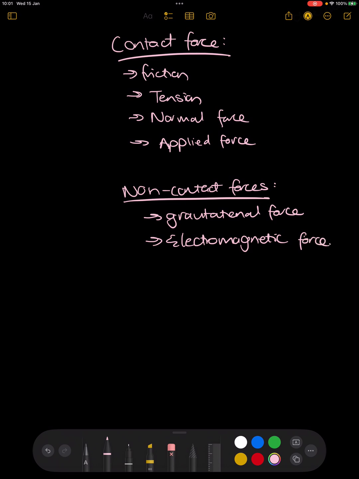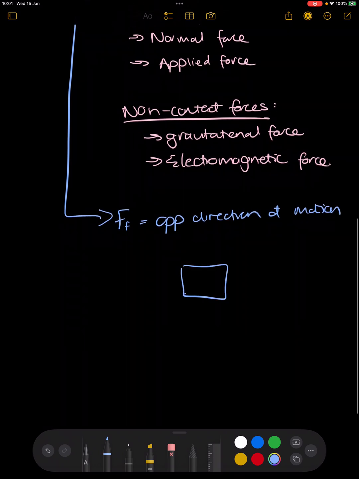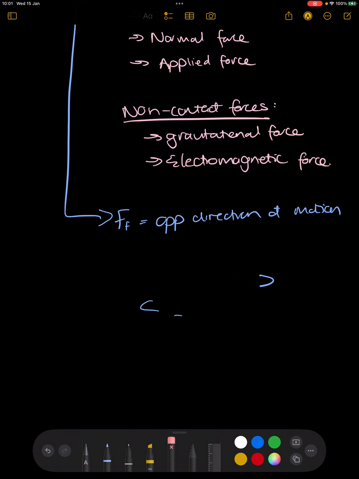Before we delve a little bit deeper, I just want to talk to you quickly about friction. What's important about friction is it's always in the opposite direction of motion. So if I have a box and I push it this way, my frictional force will always be in the opposite direction. We get two different kinds of friction: static friction and kinetic friction.